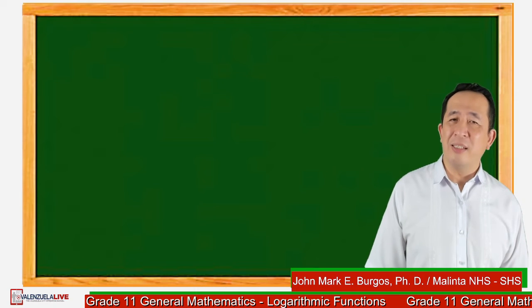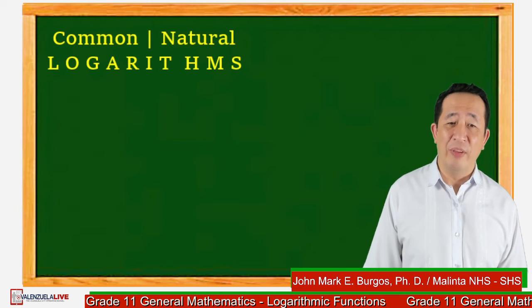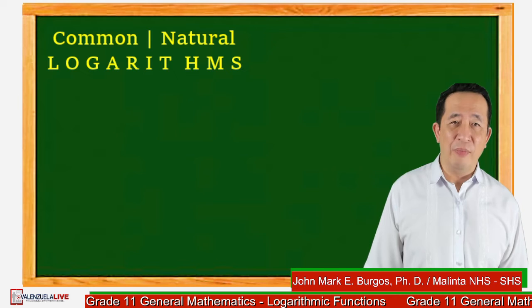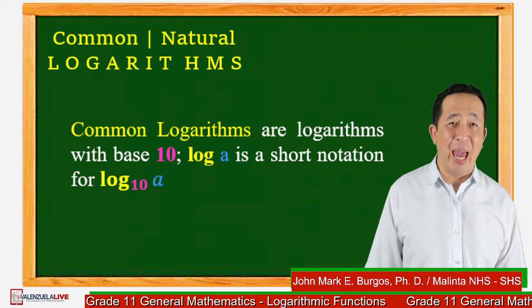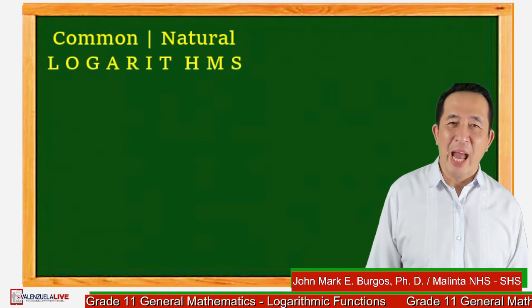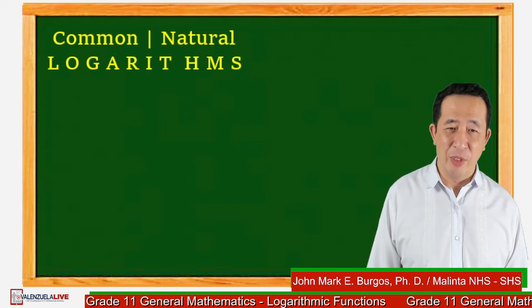Now, let us define common logarithms. Common logarithms are logarithms with base 10, where log a is a short notation for logarithm of a with base 10. Let us also consider natural logarithms.